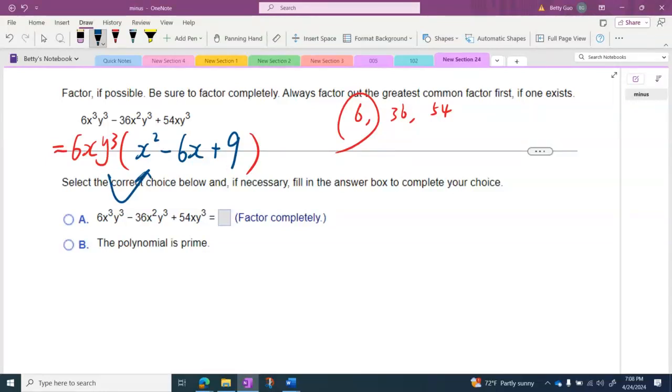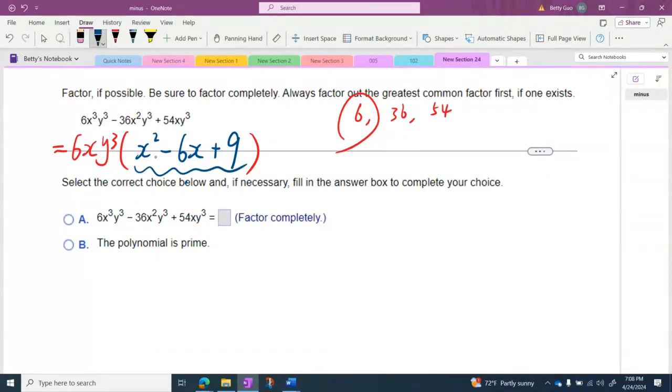Double check. 6xy cubed times x squared is 6x cubed y cubed. 6xy cubed times negative 6x is negative 36 x squared y cubed. 6xy cubed times 9 is 54xy cubed. So that's correct. Our factorization, the GCF factored out, and whatever is left inside the parentheses is also correct.